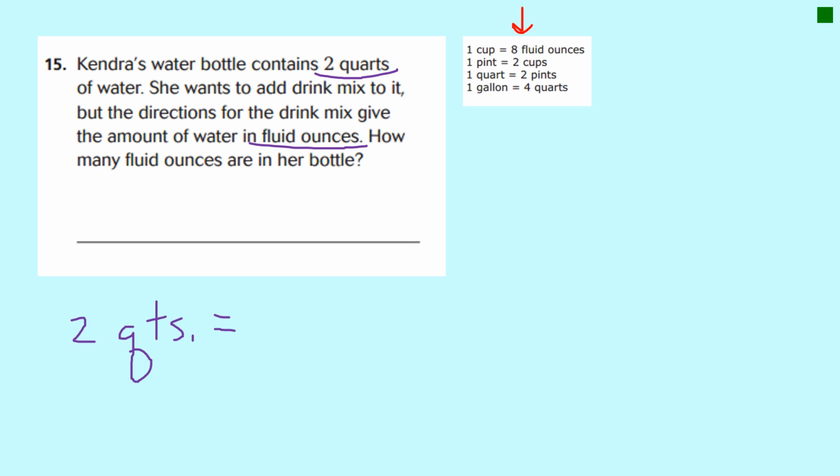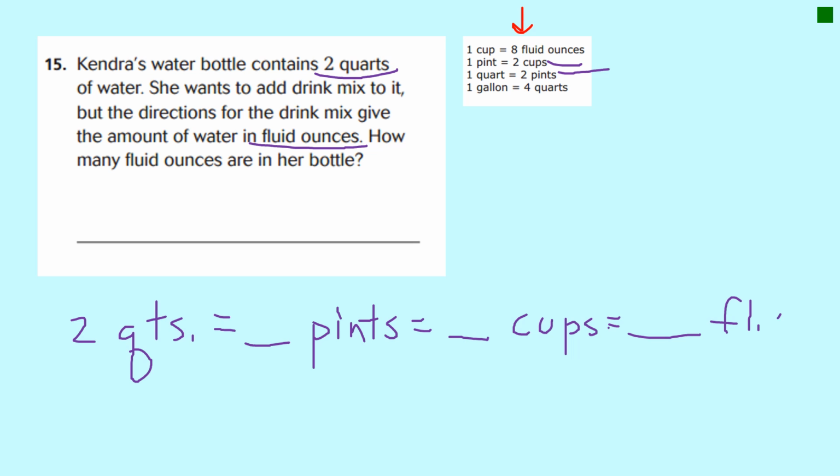Does quarts go straight to fluid ounces? Oh, no, it doesn't. What does quarts go to? Pints. 2 quarts, blank pints, goes to cups, blank cups. And then, of course, our good friend cups goes to fluid ounces.